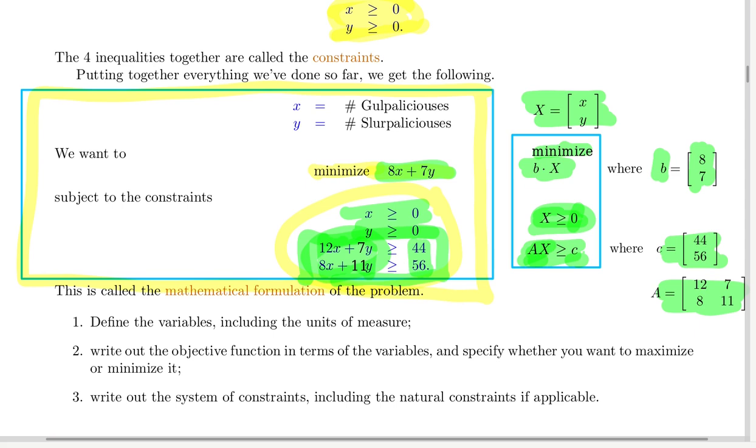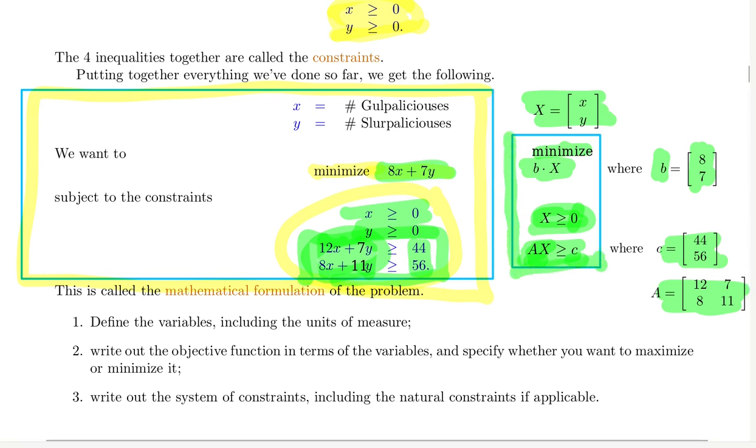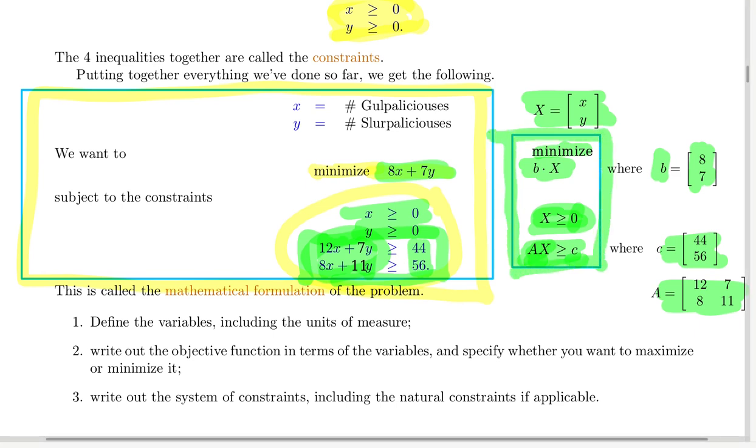So in other words, by the use of matrix algebra, we can express this very, very compactly, right? We just say we're trying to minimize this dot product subject to the constraints that x is greater than or equal to 0 and A times x is greater than or equal to c, right? So as a matrix problem, it's completely equivalent, of course, but it's just a lot shorter.